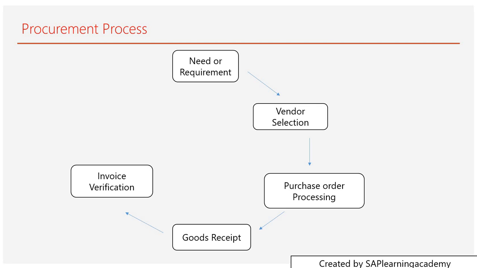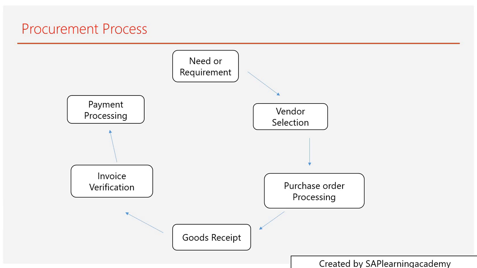Once your invoice verification is done, the last part comes, which is the payment. Now you need to pay the vendor the money for what you have ordered, and that is also part of the finance department, which does automatic or regular-basis payment to the vendors.